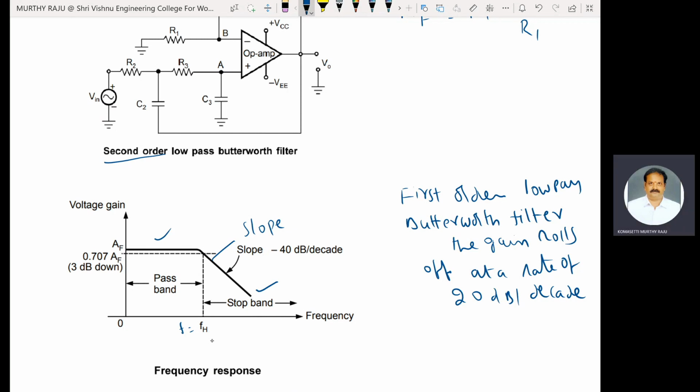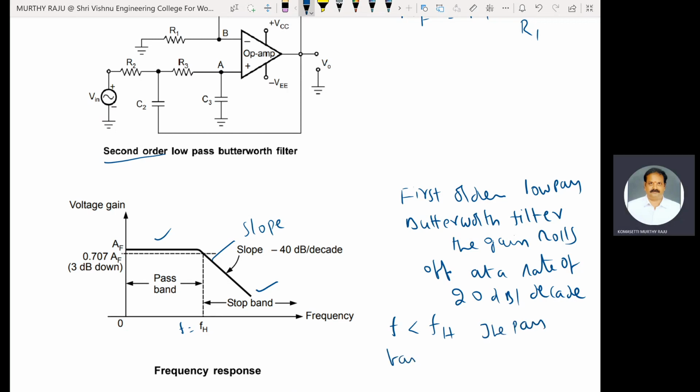At f is equal to fH, the voltage gain is decreased by a factor of root 2, that is AF by root 2 or 0.707 times AF. Whenever f is less than fH, that is the cutoff frequency, the pass band gain is constant.